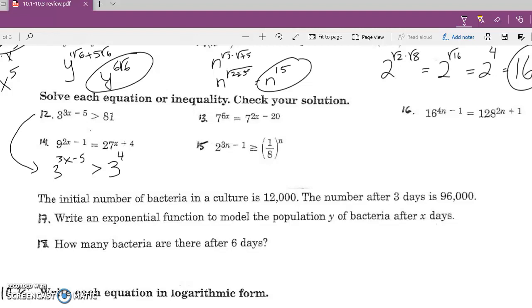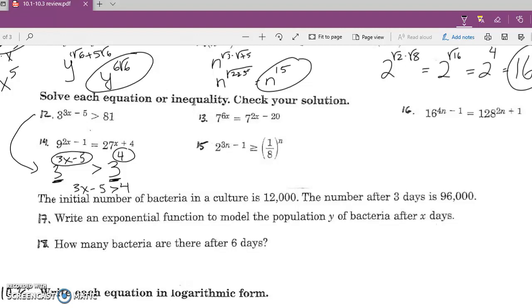So you have to think of how can I make 81 into 3 to some power. Once you have the bases to be the same, you can pretty much get rid of the bases and just take the exponents now and say, well, the only way this is going to be true is if this guy's exponent is bigger than that guy's. So 3x minus 5 must be greater than 4.